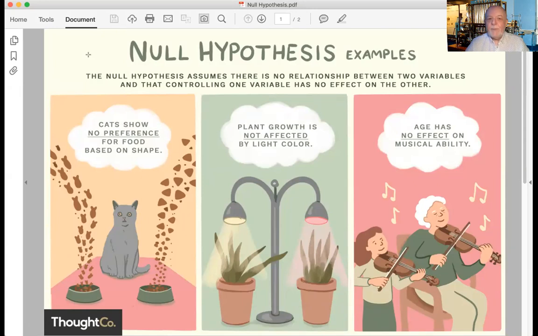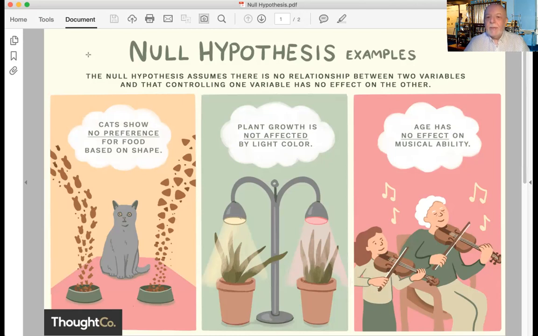Cats show no preference to food based on shape. Plant growth is not affected by light color, and age has no effect on musical ability. So these are null hypotheses: two variables, one doesn't control the other.